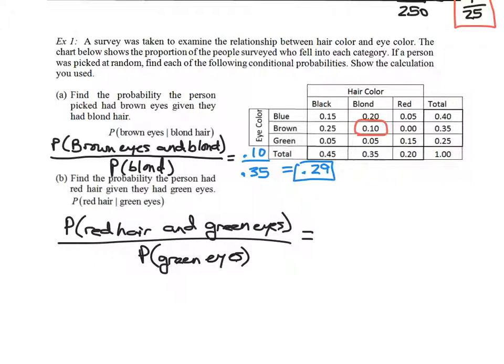So looking in my table, I'm going to say the red hair would be this column right here. The green eyes would be this row right here. So red hair and green eyes would have to be a 0.15 in my numerator, divided by the probability of having green eyes.